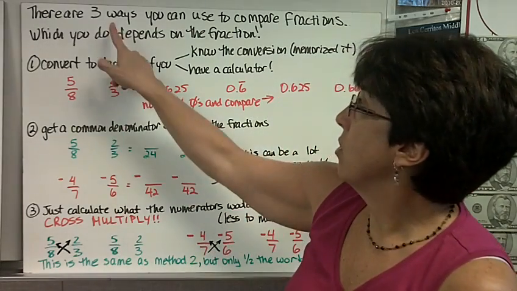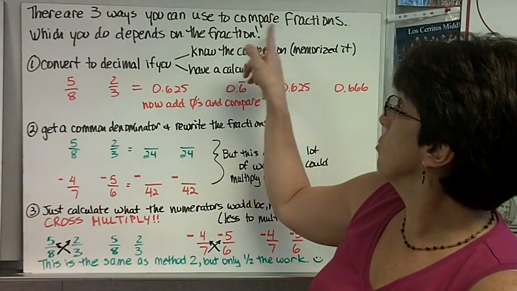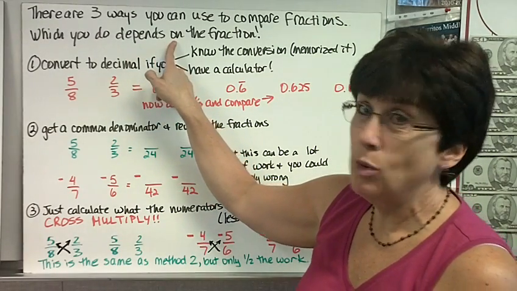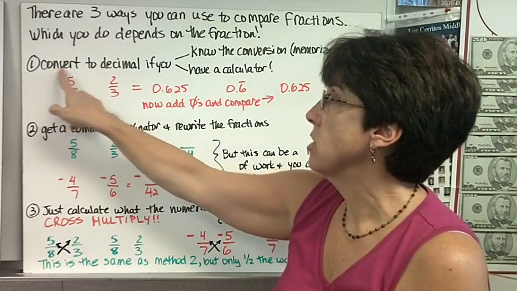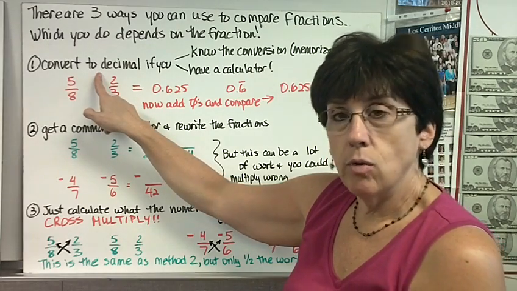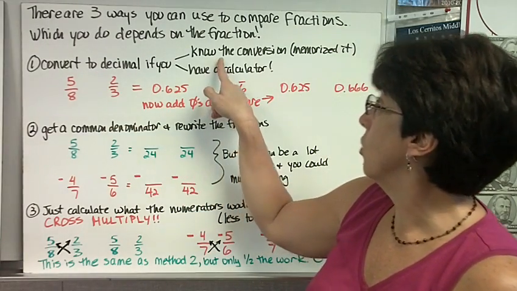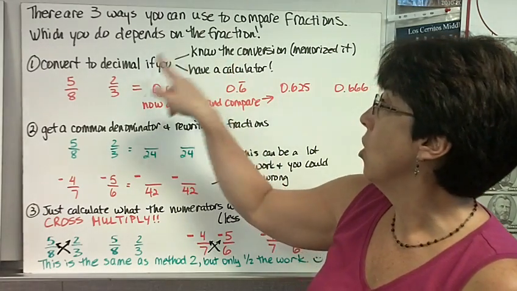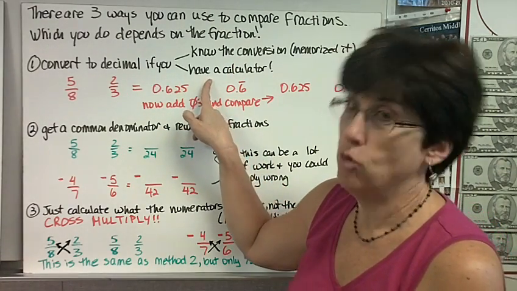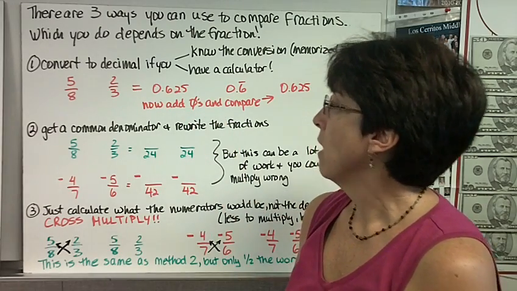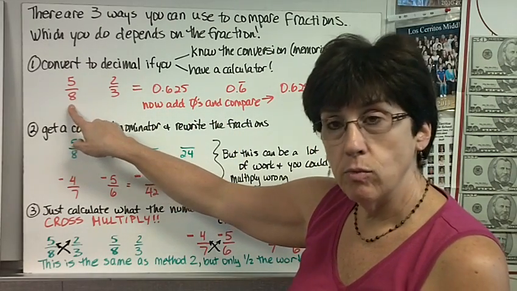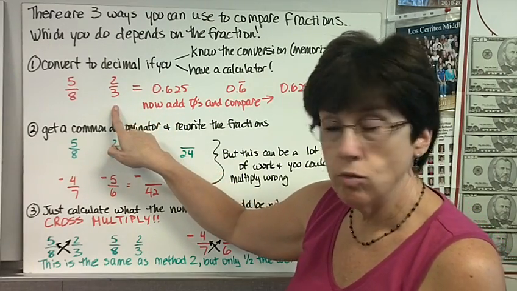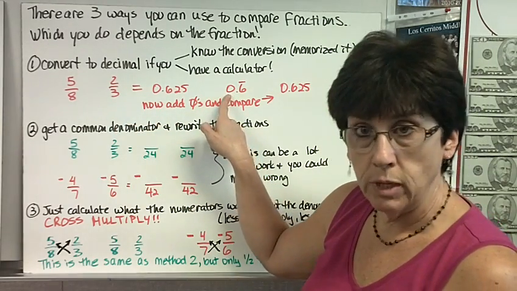It really helps. There are 3 ways you can use to compare fractions. Which you do depends on what the fractions are. First, convert to decimal. It's always easy to convert to decimal if you know the conversions because you've memorized the ones I gave you the other day, or if you have a calculator. So I know I have memorized 5/8 is the same as 0.625 and 2/3 is 0.6 repeating.